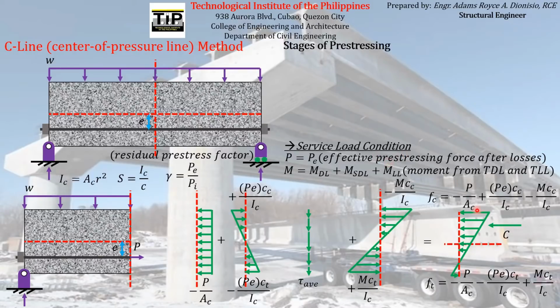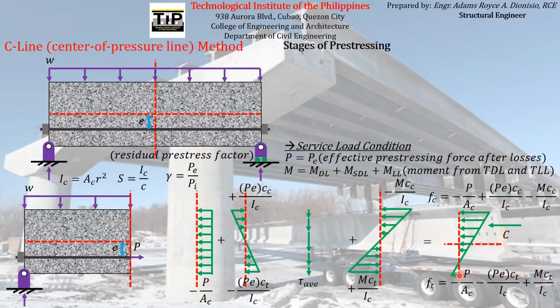So for the formulation of the formula that we will use for the C-line method, we can start the discussion on this particular single force that we can see here, which is the resultant of these stresses acting on the concrete, which are compressive stresses, and these stresses, which are tensile stresses.